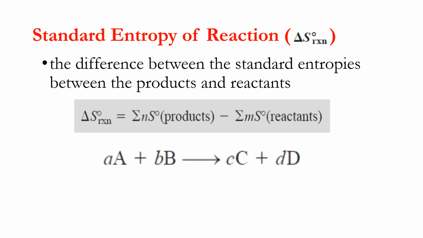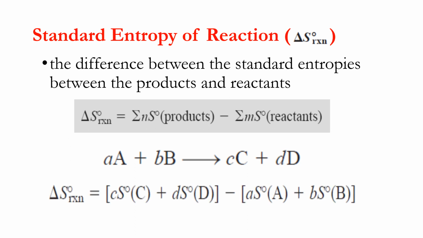So if we have a hypothetical equation A plus B forming C and D with their stoichiometric coefficients, small letters a, b, c, d, we can express the standard entropy of the reaction as follows.